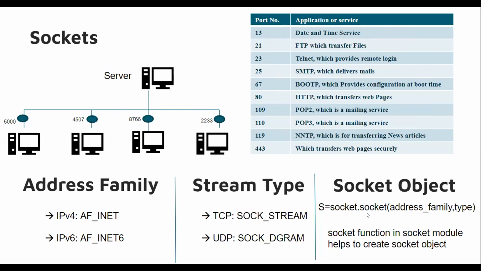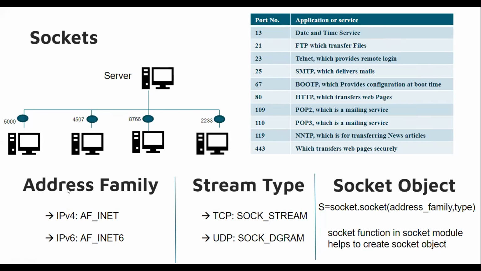To that, we are passing two arguments, the address family and the type, the stream. Address family is nothing but the version of the IP protocol, Internet Protocol version 4 and Internet Protocol version 6. I hope you know the difference. IPv4 is nothing but the address part.